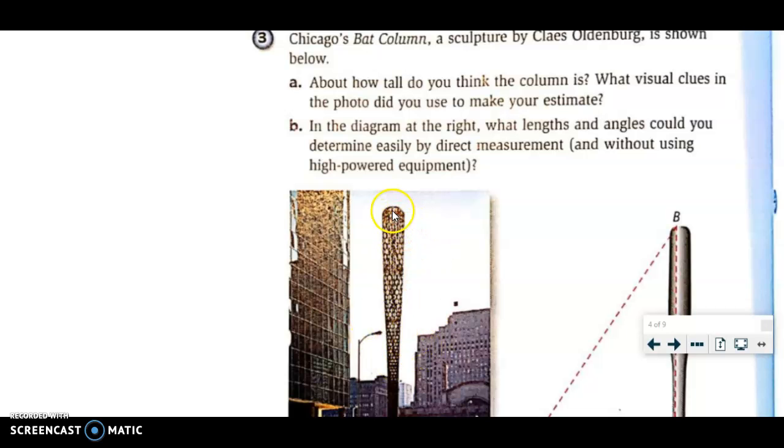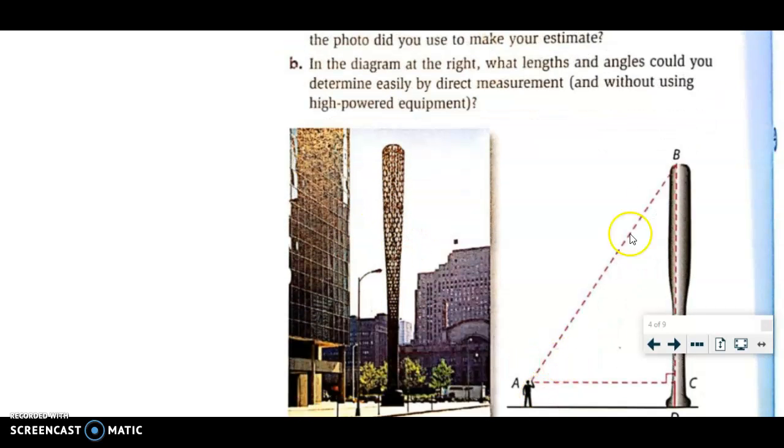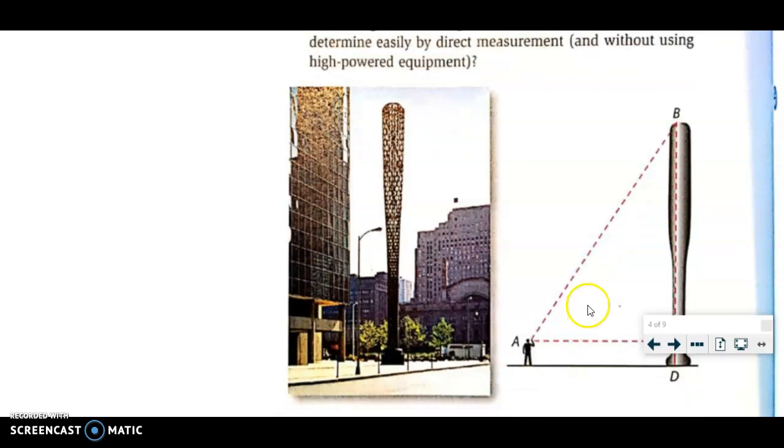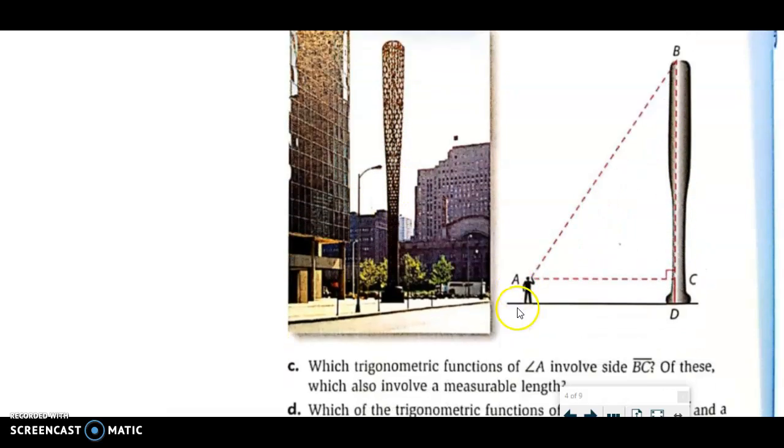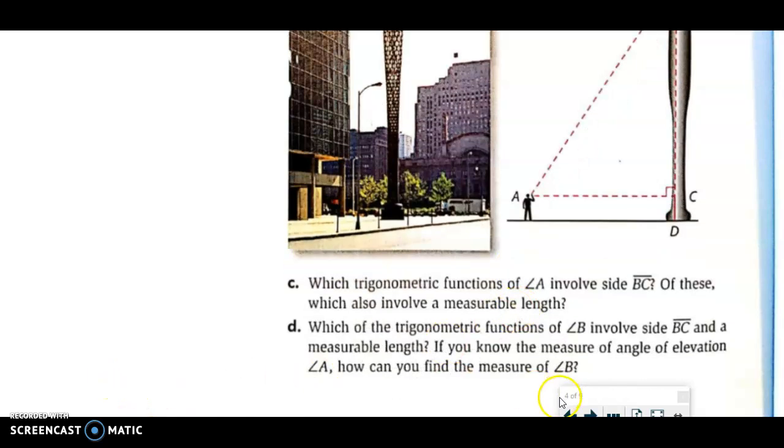This is a situation where we would use trig, sine, cosine, and tangent, to figure out a couple different things, like if we wanted to find the length of a certain side, like the height of the bat, or something that's growing like a tree. Hopefully when they created this, they knew how tall it was going to be before they built it. So this is maybe a silly question, but that's one situation where we would use these types of problems.